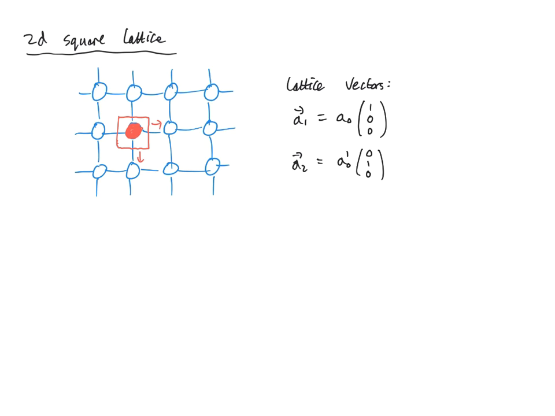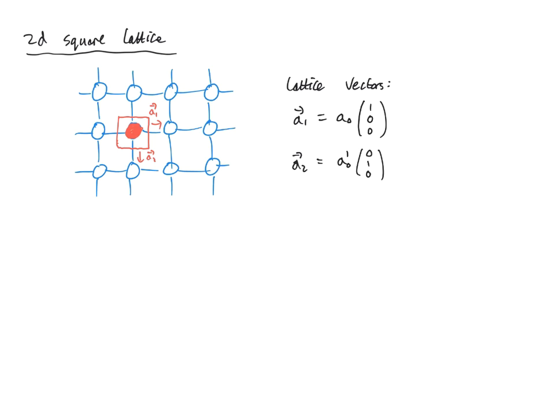I've given these three-dimensional vectors. If I want to generate a 3D lattice, I would just have A3, which would be (0, 0, 1). And I would generate the lattice that way. So these vectors tell you how I need to shift. So this one is A1, and this one is A2. And they tell you how you need to shift the unit cell to generate the lattice.